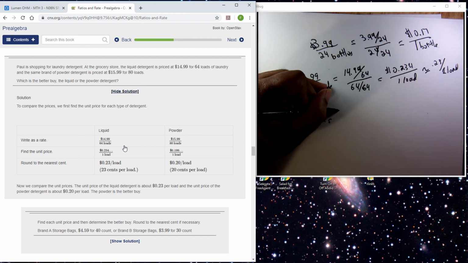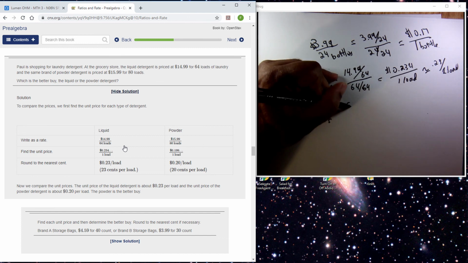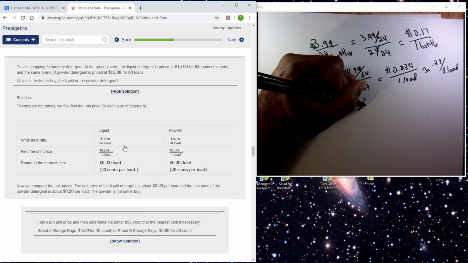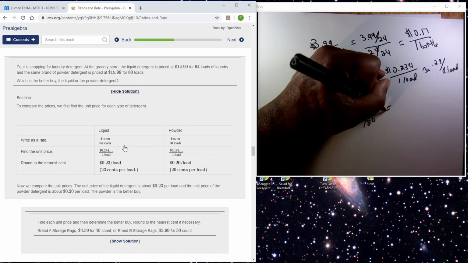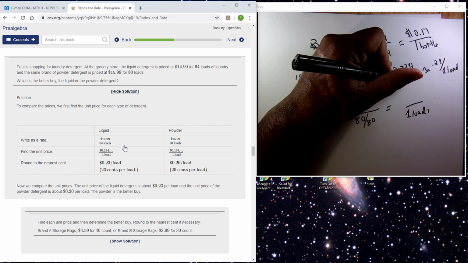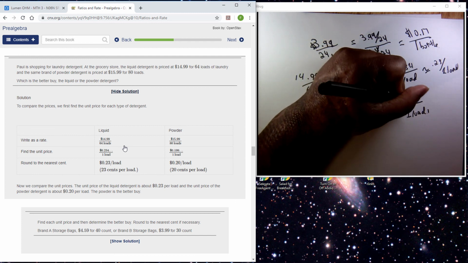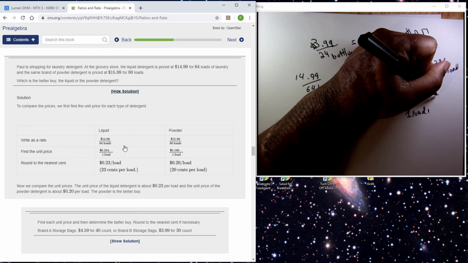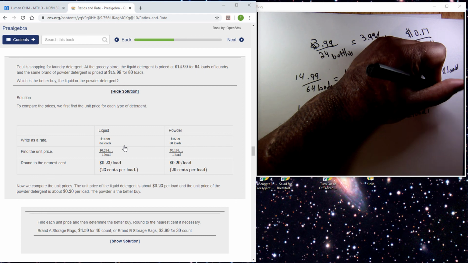Now we look at the other one. We divide the numerator and denominator by the same thing, by 80. In this case, I have 19 cents a load, approximately 20 cents a load.